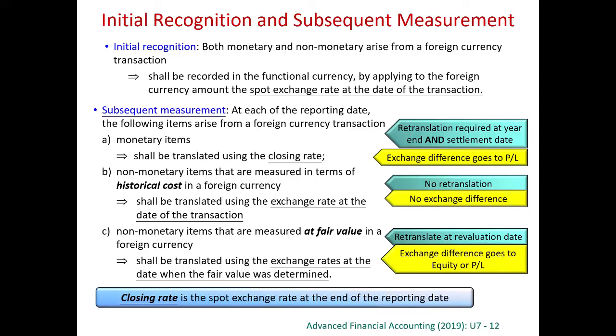For property, plant and equipment, for example, revaluation goes to reserves, the revaluation reserve, and therefore the related translation difference will go to reserves. If this is an investment property, any revaluations will go to P&L, and therefore any exchange difference related to the fair value difference of the investment property will go to P&L.